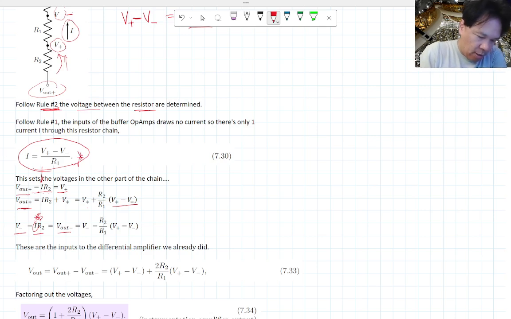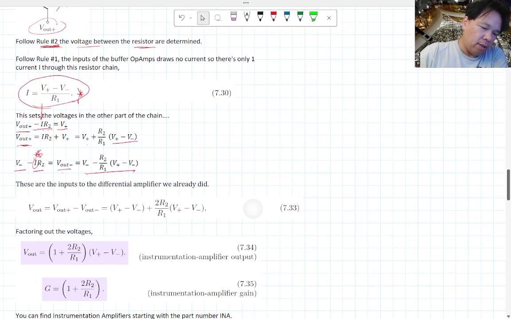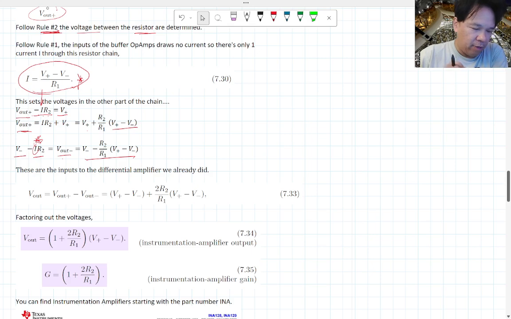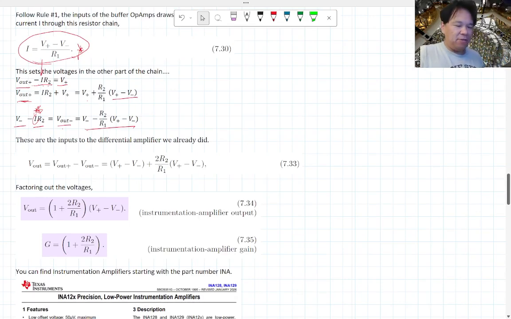You're going to find that V out minus is going to be V minus minus R2 over R1, same ratio, times V plus minus V minus. A lot easier to read than to say it.